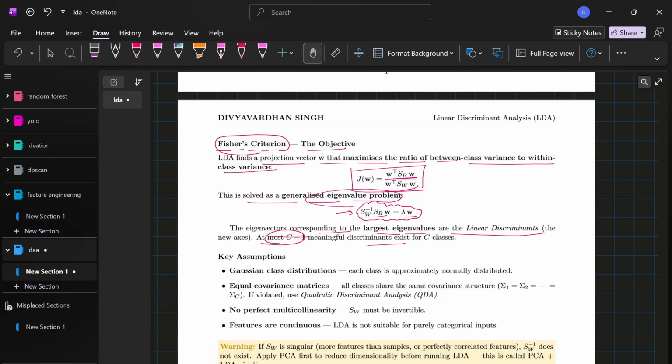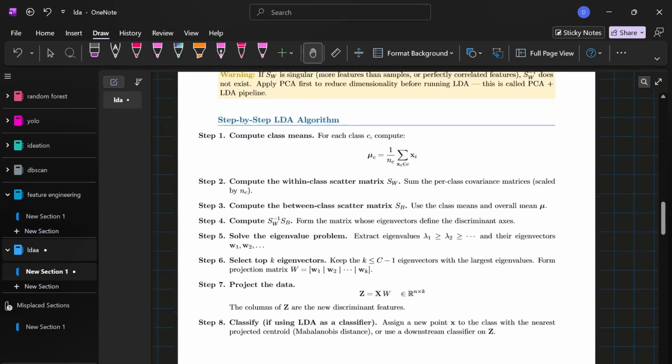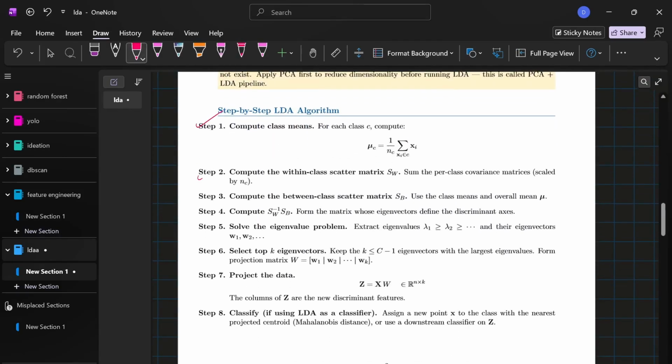Okay, so now let's walk through the algorithm step by step. Step 1 is compute the mean vector for each of the classes. Step 2, build the within class scatter matrix SW by summing up the spread of each of the classes around its own mean. Step 3, build the between class scatter matrix SB using the class means and the global mean. Step 4 is compute SW inverse times SB.